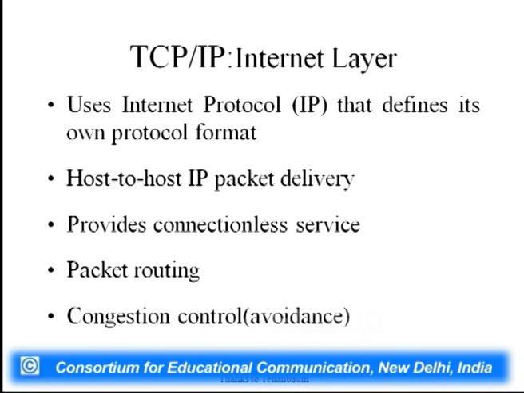We will talk on two important layers. The internet layer uses the internet protocol, the IP protocol, that defines its own format. That means what information this protocol should contain in addition to the data, so that the communication is possible, is the format which is defined by the internet layer and the IP protocol.